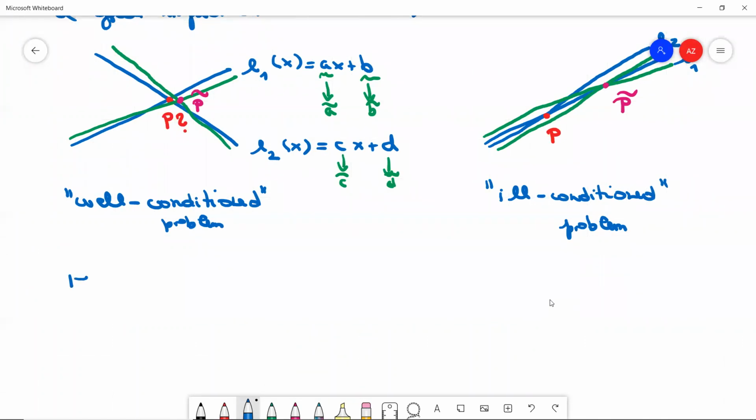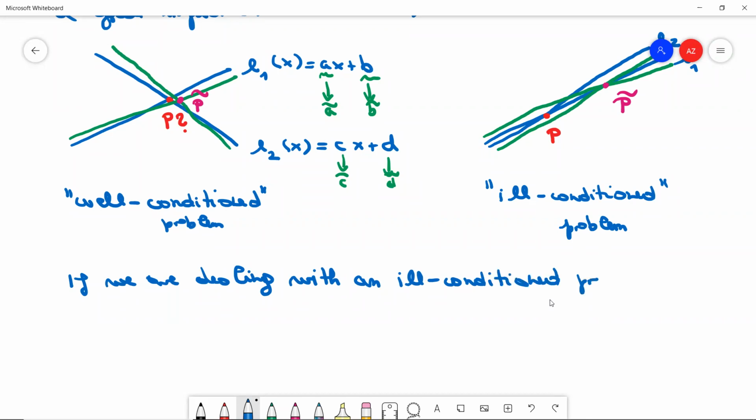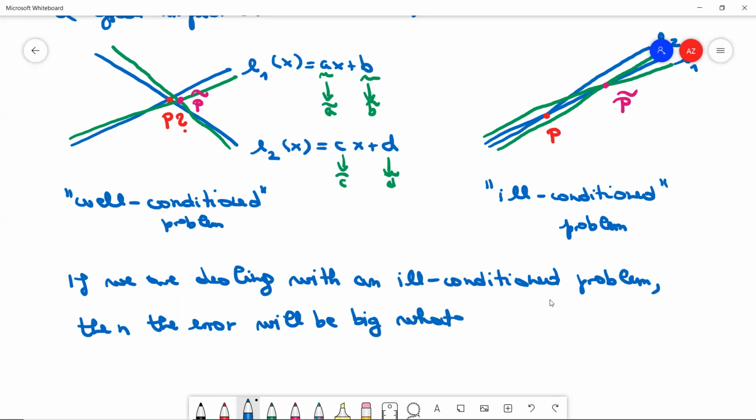So if we are dealing with an ill-conditioned problem, then the error will be big, whatever method we use.